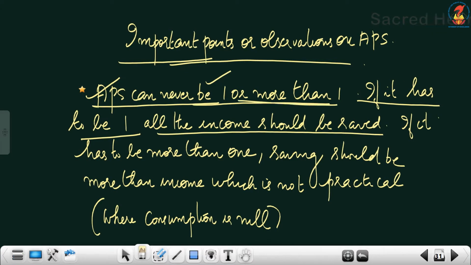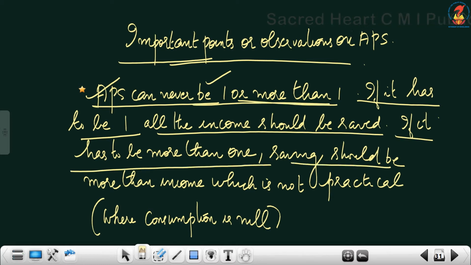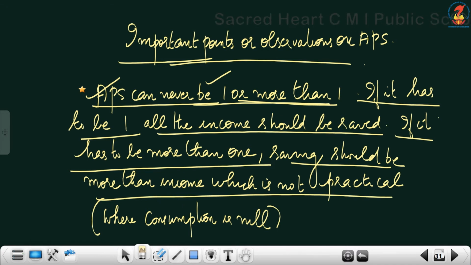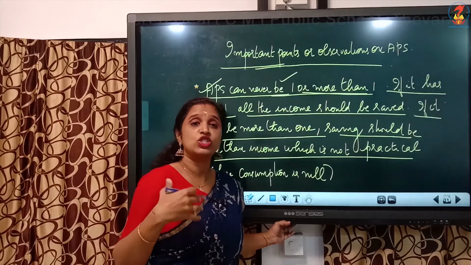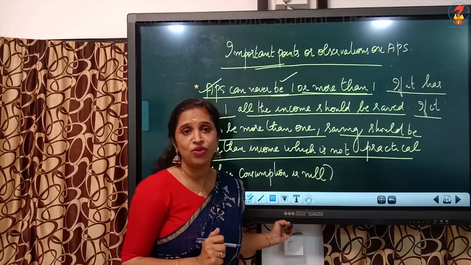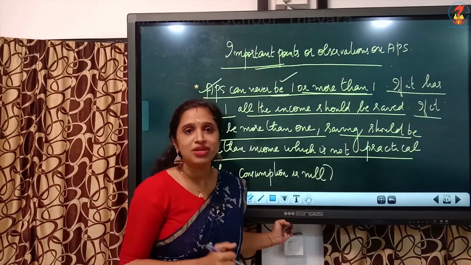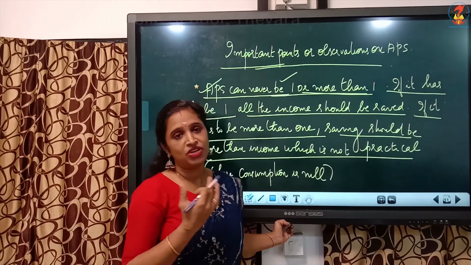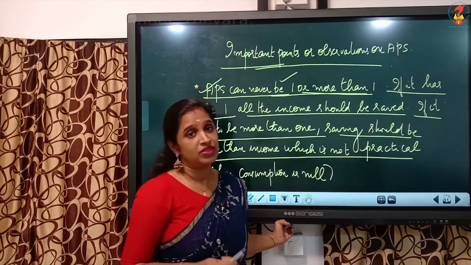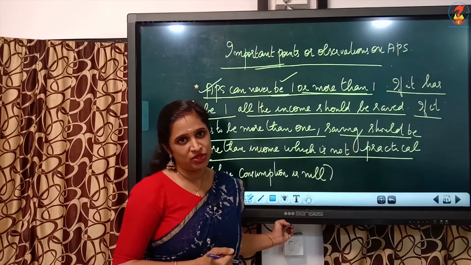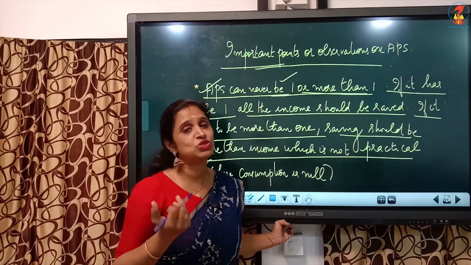APS cannot be more than one also. If it has to be more than one, saving has to be more than the income. No, it cannot happen because there should be a consumption then also. Saving cannot be more than income. There comes a consumption in between. A part of income is used for consumption also.